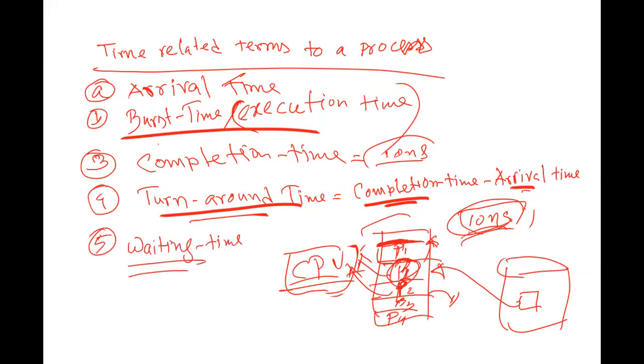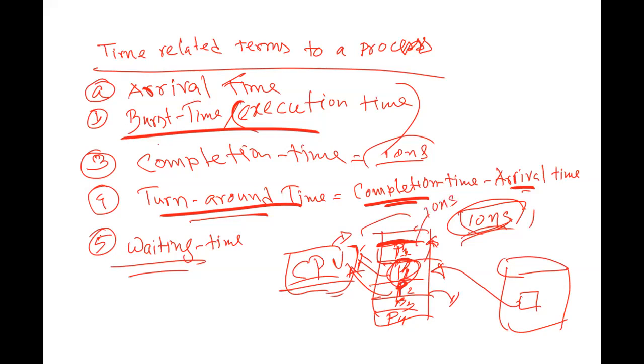Waiting time is when a process may be preempted, or forcefully stopped by the CPU, due to a higher priority process. Let's say process P1 is currently executing on the CPU, and it takes 10 nanoseconds to complete its execution.